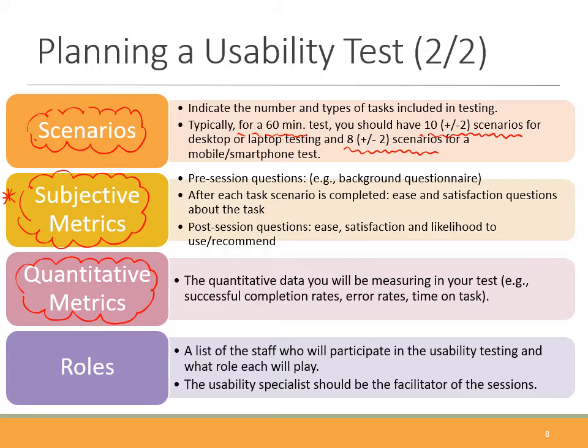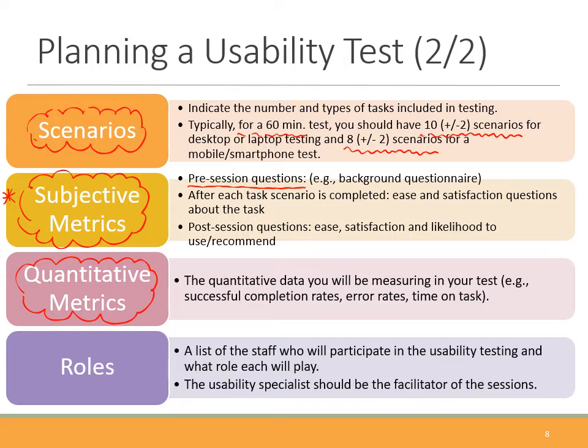Usually for these subjective metrics, they differ based on the user. For example, it could be a list of pre-session questions such as a questionnaire related to the background of the user, the age, the gender, the work position of the user, and background education, for example.